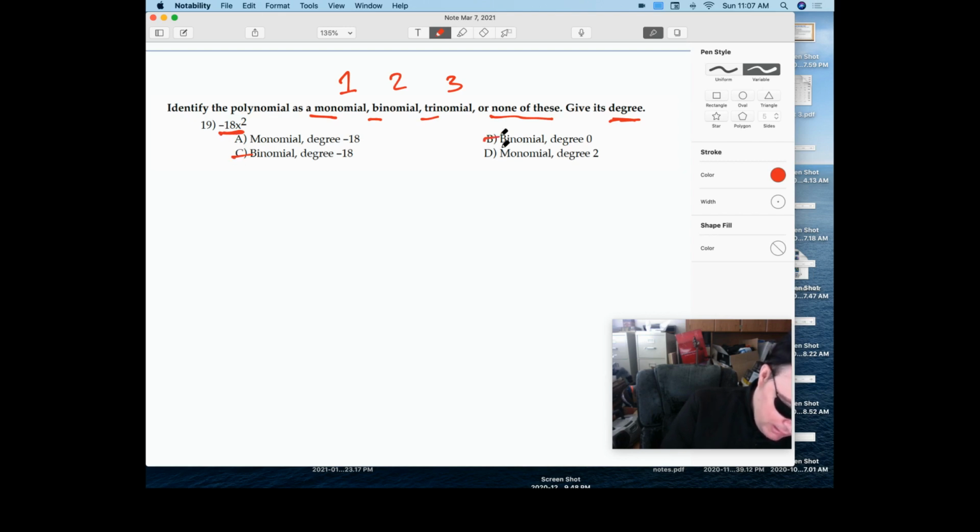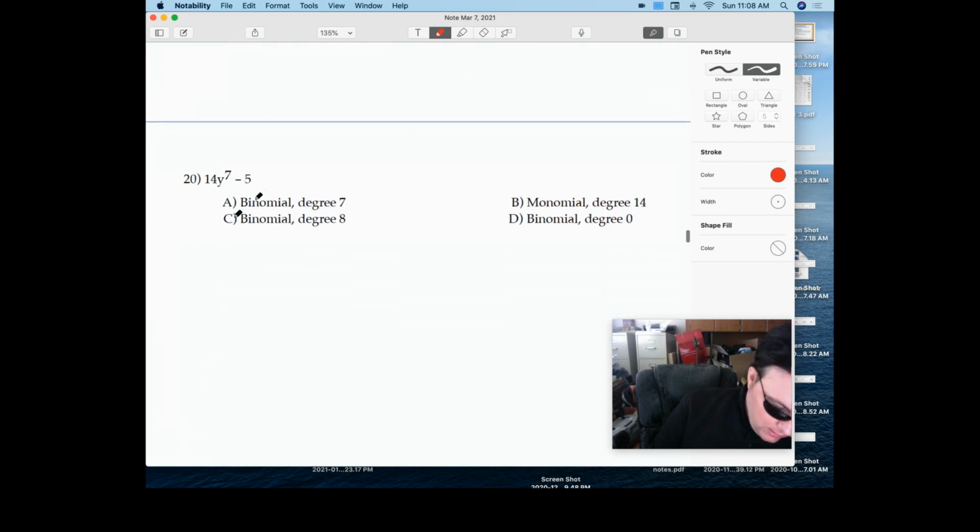So C and B go goodbye. And then the degree is based off the exponent, which is 2. Notice negative 18 is called the coefficient, and the question is not in regard to that. So the only one that makes sense is D as well. So it's a 2-for-1er.